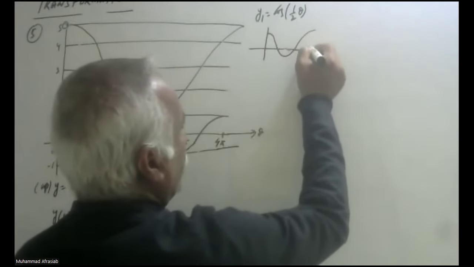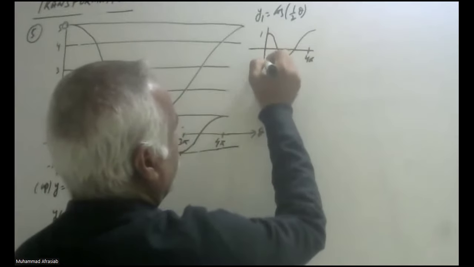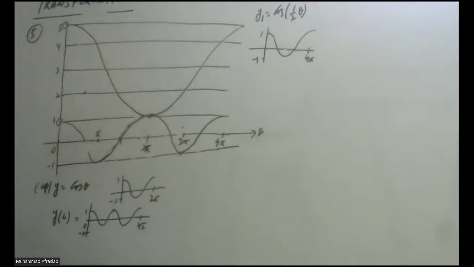So instead of 4 pi, it should be like this. This is the upper part of this curve with the help of the first property, that every value of this angle is going to be half of the previous values. So one cycle will be completed from 0 till 4 pi.